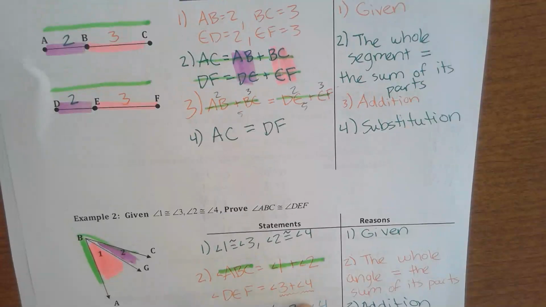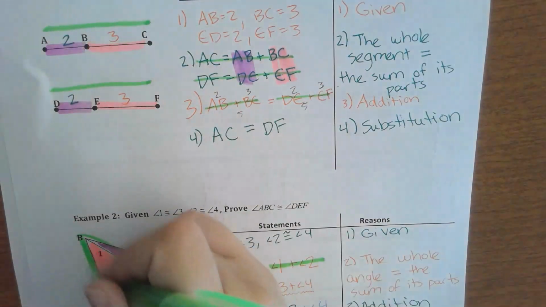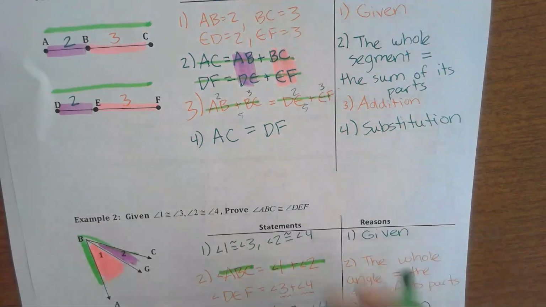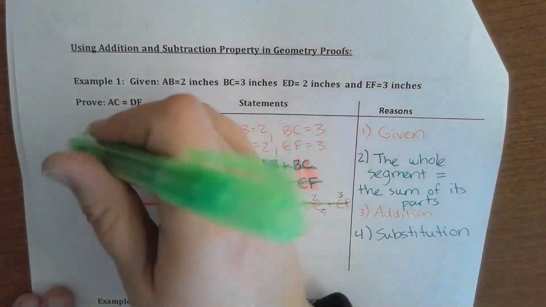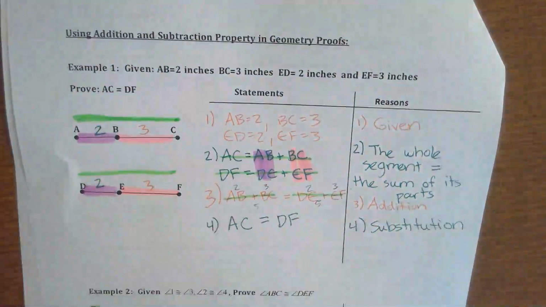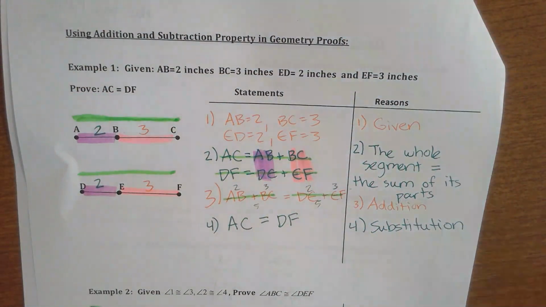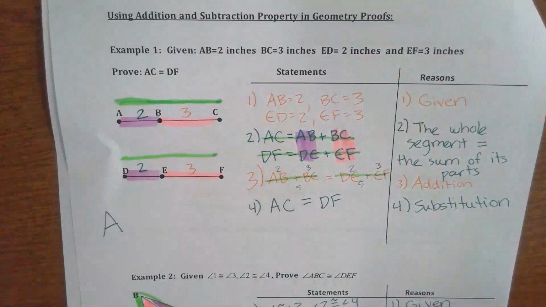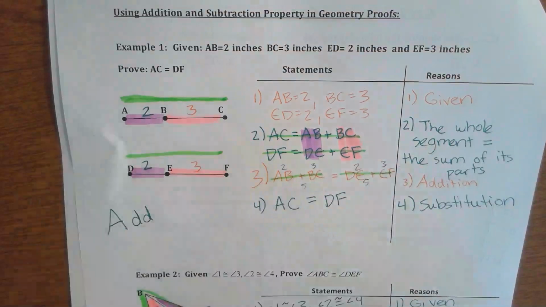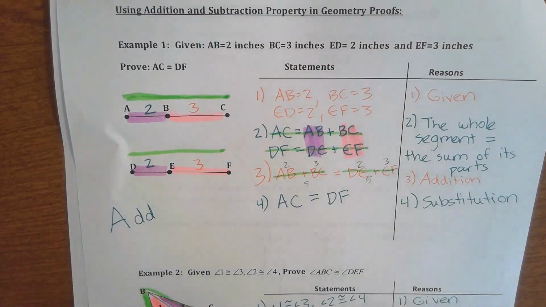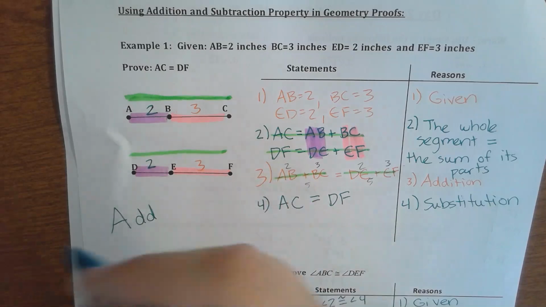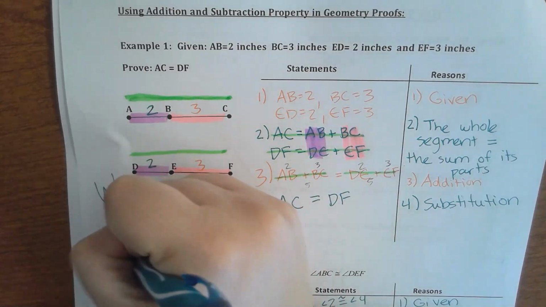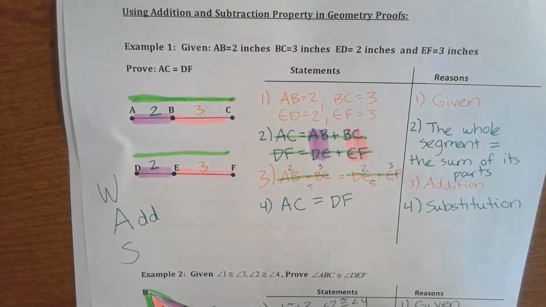In both of these problems, we were proving a total. In this problem, this total angle; in the other, this whole line segment. If we are proving a total, we have to add together to get bigger. So when we have an addition proof, we're going to think about WAS, W-A-S.